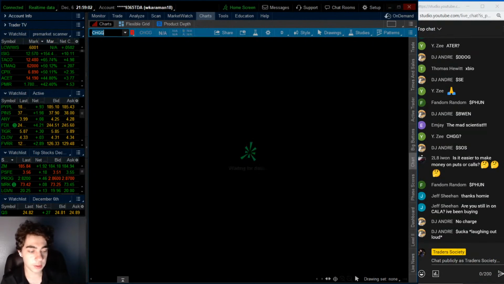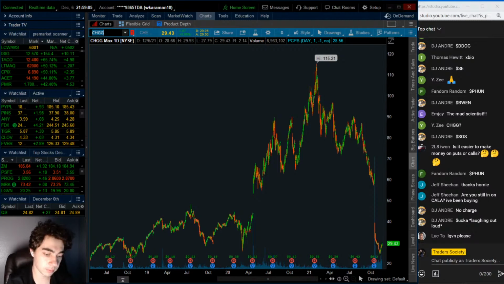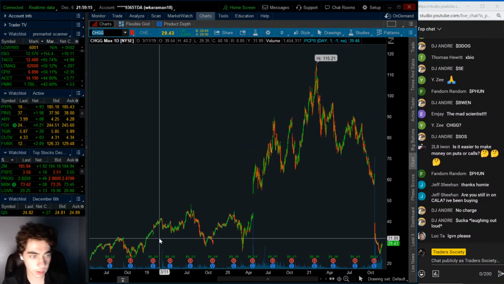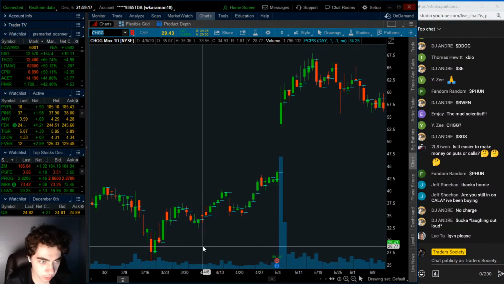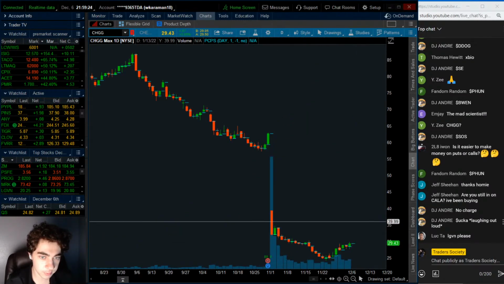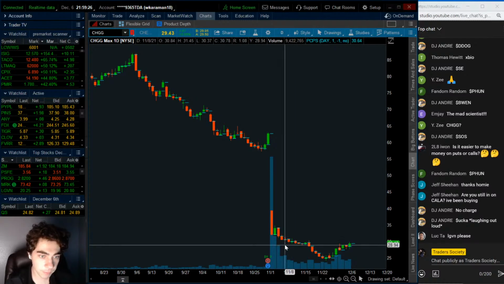So CHGG, let's see. This one's extremely oversold. Your key support is going to be at like $24 a share. It's been bouncing ever since it hit that level.